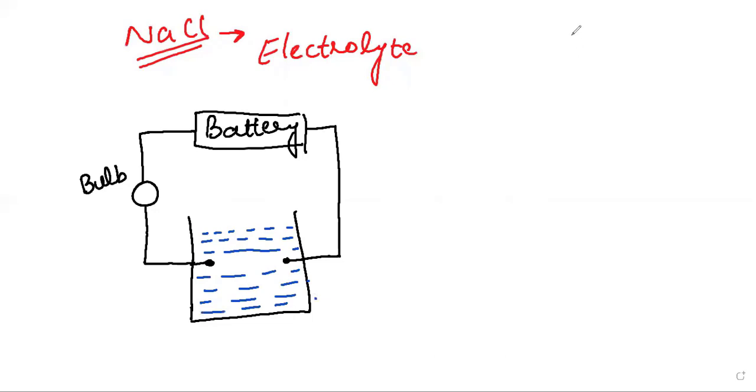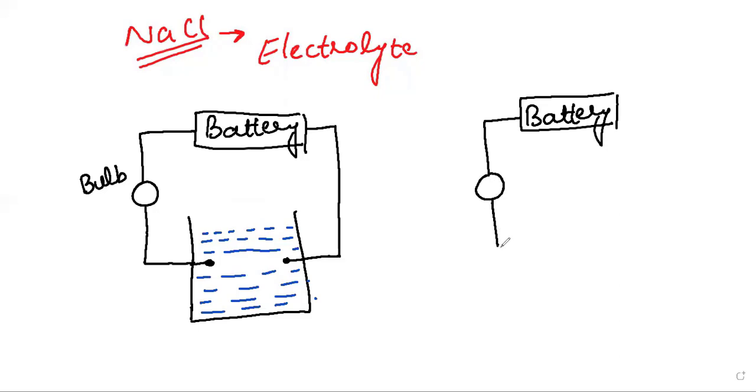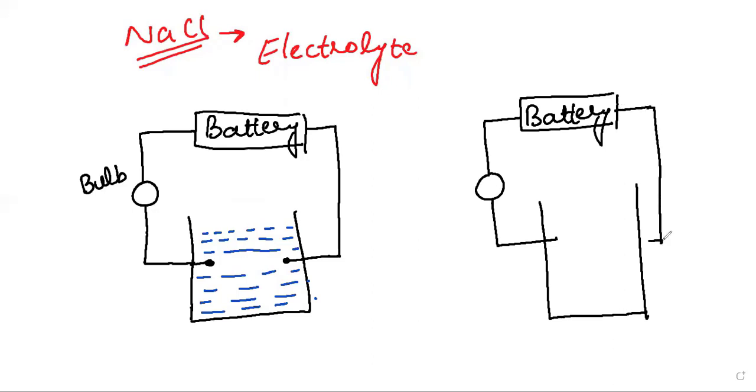Then make another diagram similar to this diagram. Take a battery, connect one end of the battery with a bulb, and then take this wire to that position. This is again a glass, and the other end of the battery is joined here. Both glasses have plenty of water.